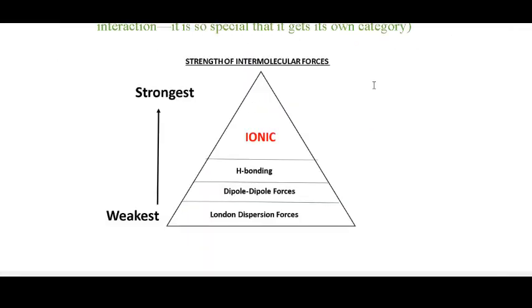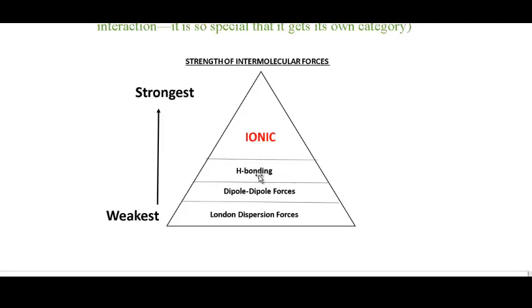Looking at the strength of intermolecular forces, ionic interactions are the strongest because they involve a full charge interacting, a full positive interacting with a full negative. And then when you have partial charges interacting with a partial negative of the same or different molecules, that is when you start getting lower strength compared to ionic.